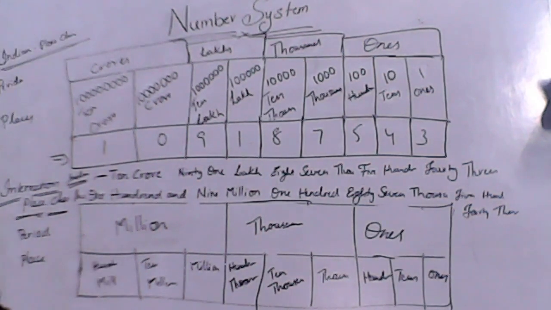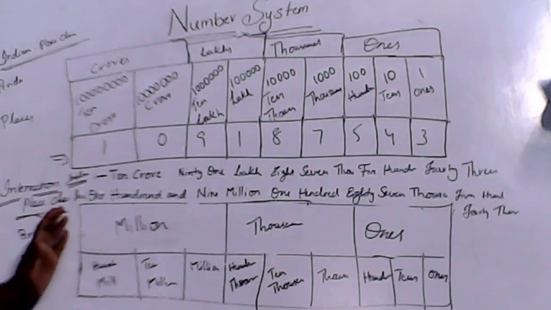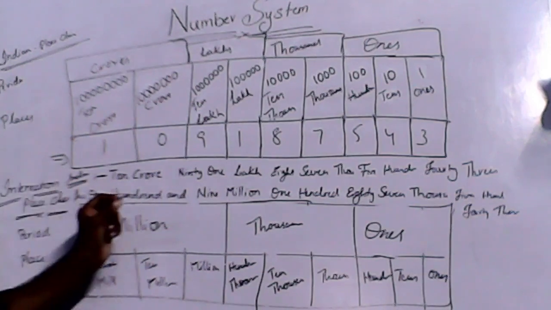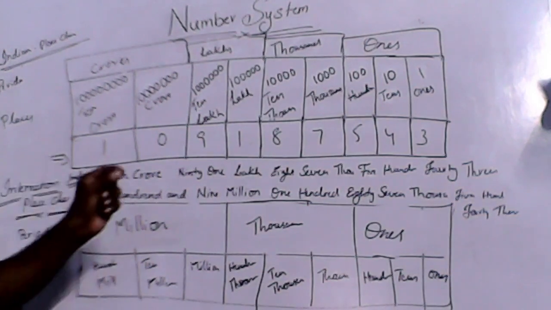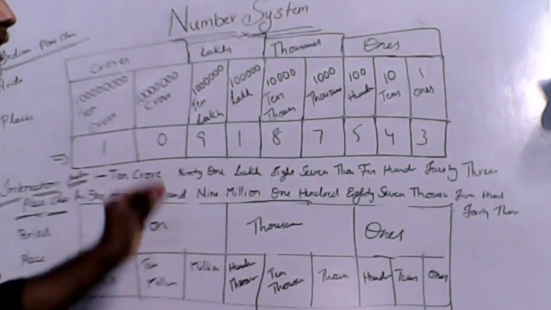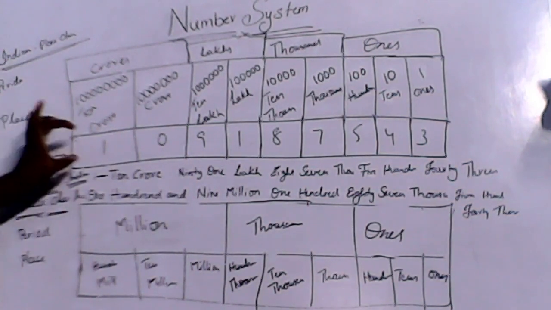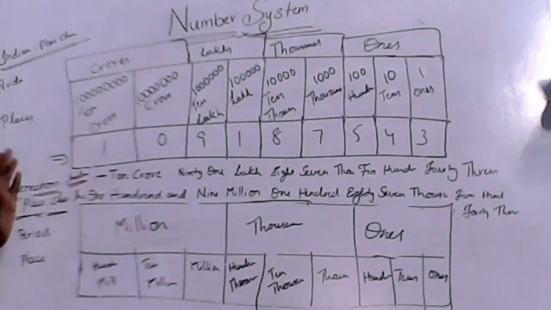So in this numeration system, we will pronounce this number as 109 million 187,000 and 543. So the value will not change, but the pronunciation will change based on the number system.